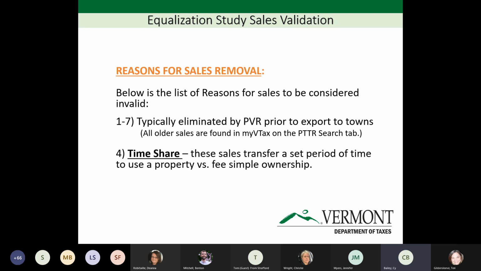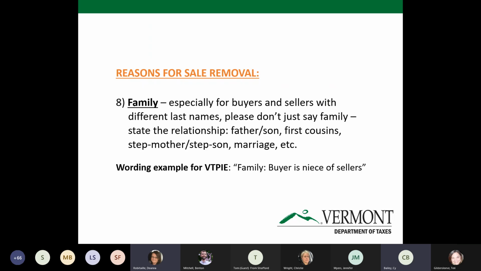So if you want to look at those last 2 years, you need to go into VTax, select your town, put in the date ranges that you're looking for, and you can get all those sales. Yeah, the timeshares are awful, aren't they? They're fractional ownerships, and they're very difficult for the assessors in the ski towns. Absolutely. That's all I have on that.